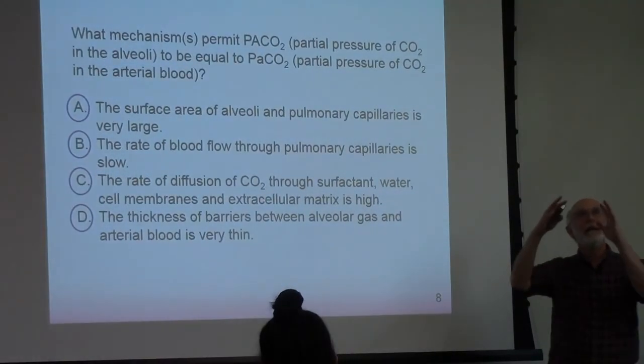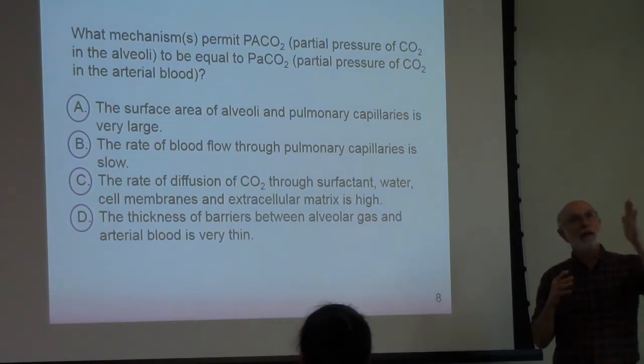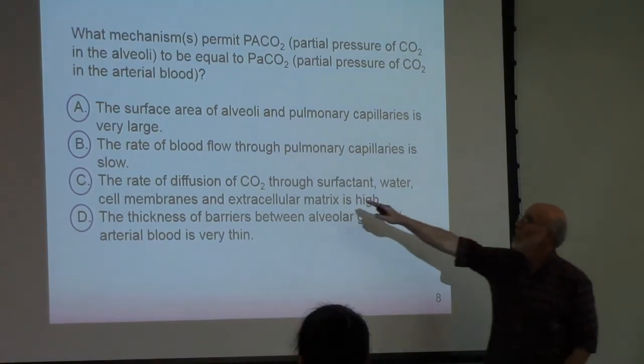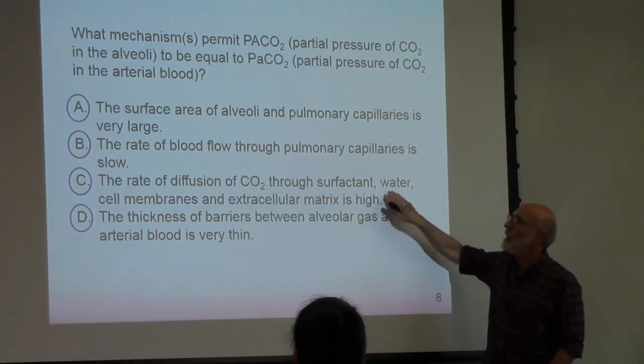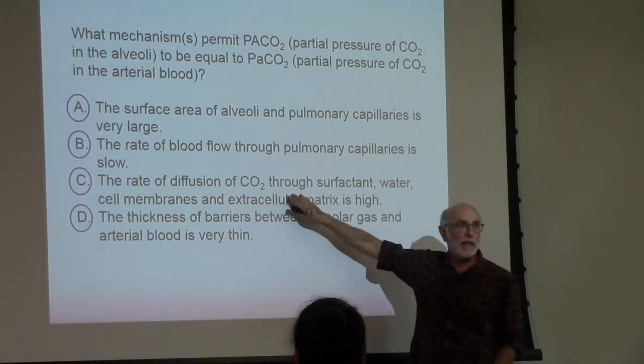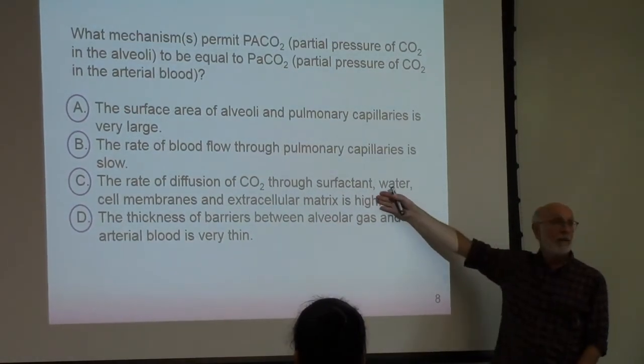So going back, I'm imagining that image of the alveoli that has the lipid molecules and then a water layer and then some other cellular layers. So CO2 is diffusing through a surfactant layer and a water layer and membranes and extracellular layers, which are extremely thin, but the rate of diffusion is high.